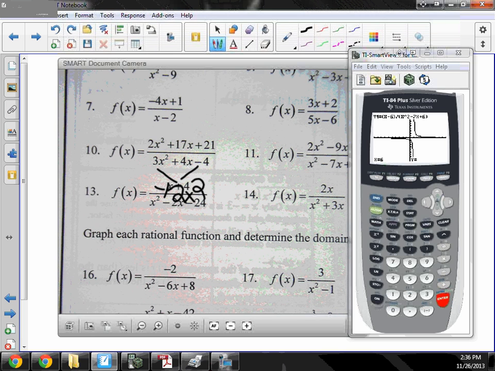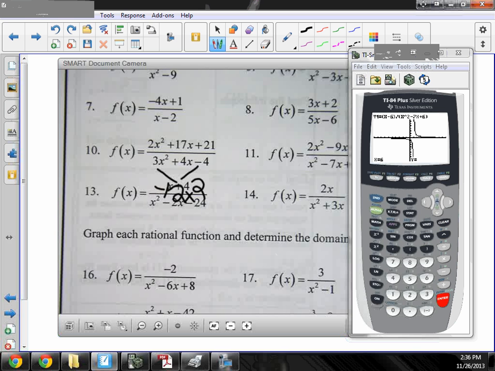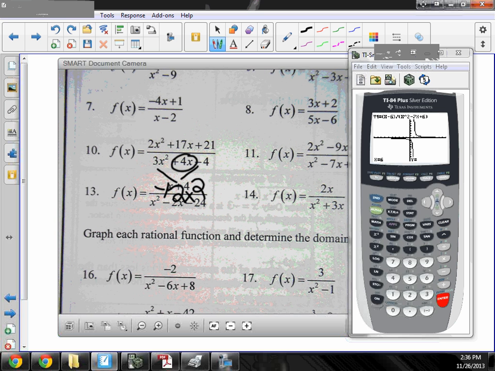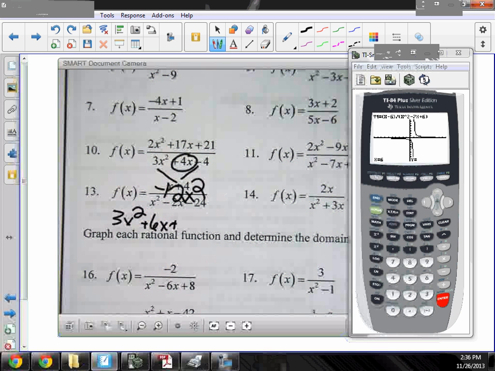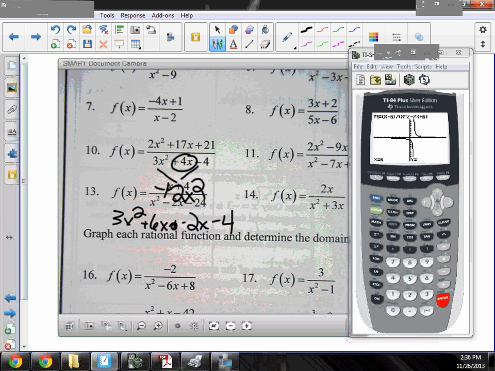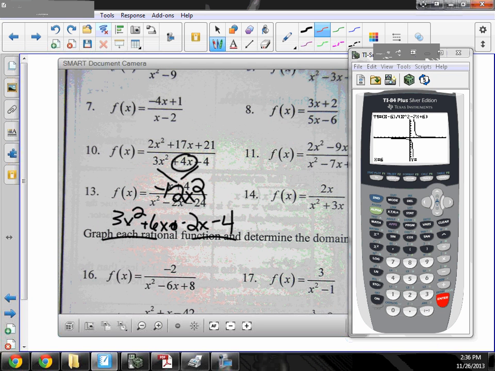So let's factor the bottom, 3x squared plus 4x minus 12. Now what am I looking for? I'm looking for two numbers that multiply to be negative 12 and add to be this middle 4. Plus 6 and minus 2. So I rewrite 3x squared plus 6x minus 2x minus 4. Now I group. Can I pull anything out of that first set? 3x.